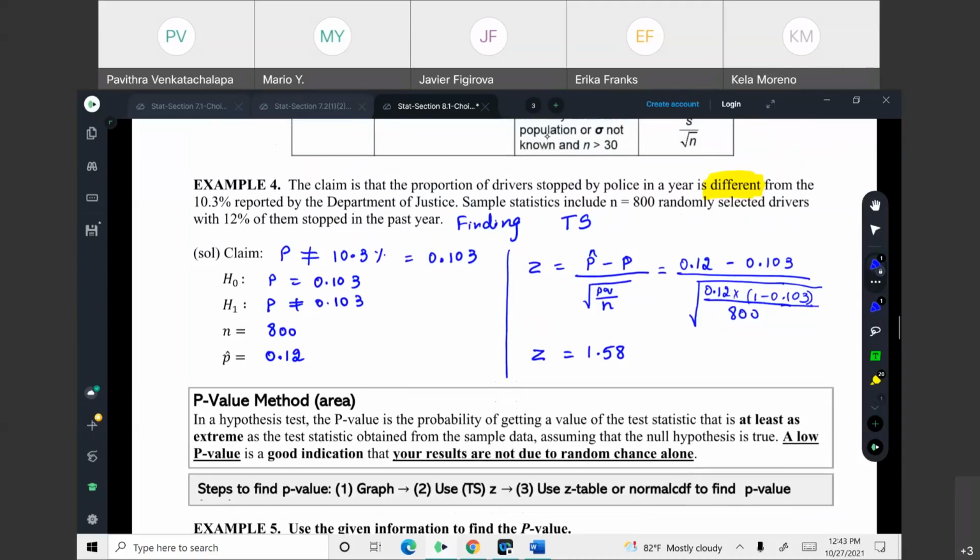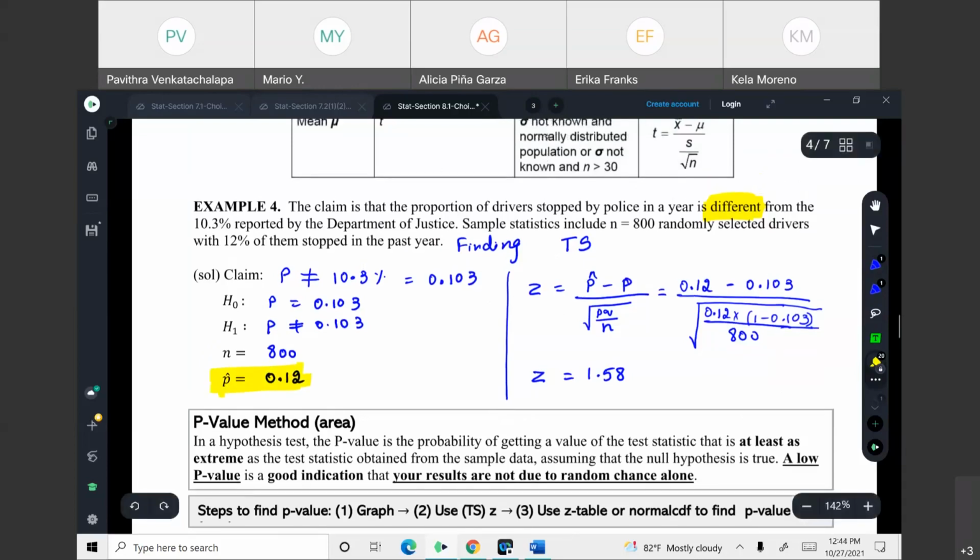So the p is the same thing as the p cap? No, p cap is different and p is different. So 0.12 is the p cap, and under the square root, p will be 0.103.